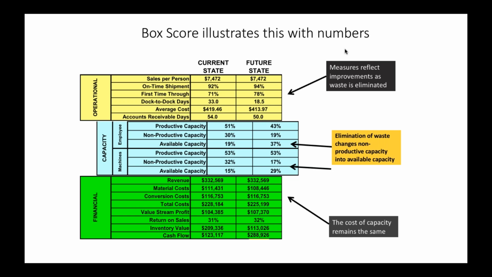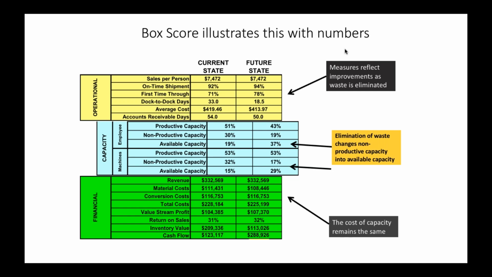So in this case, the improvements made from the current state to the future state have almost doubled the available capacity for both employees and machines. So this is one of the benefits of using the box score: you can actually see from a numerical standpoint what is going on with all of the Lean initiatives in place.